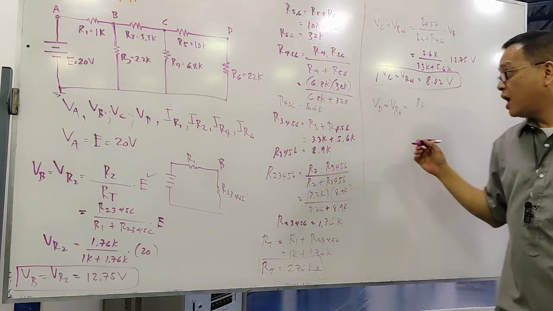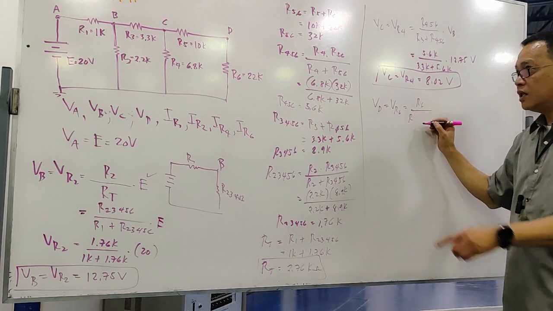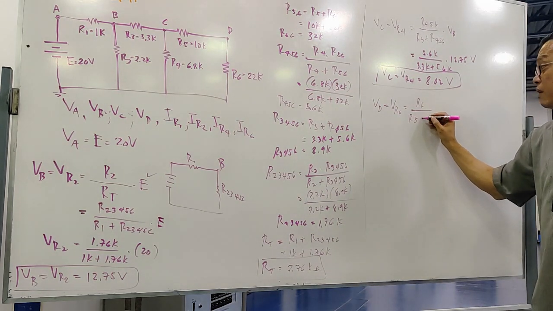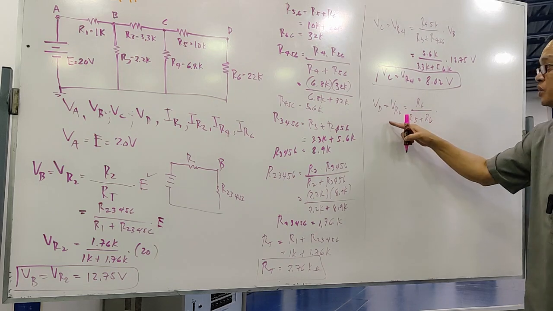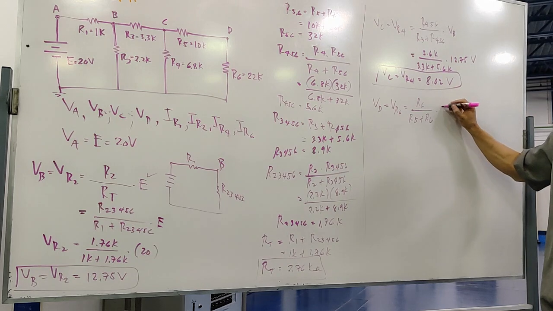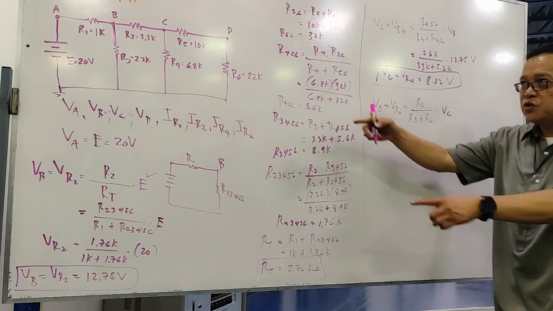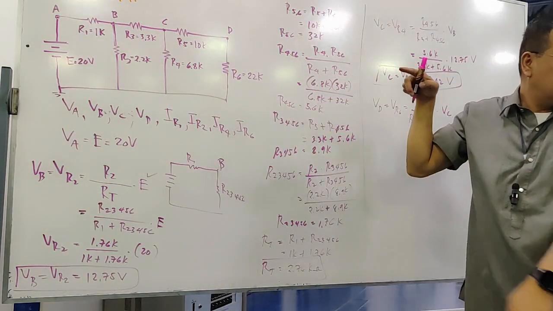That's it. R6 over R5 plus R6, these two resistors again in series, right? Multiplied by what's the new source? 8.02 DC, VC. It's VC now. This is now the new source. You're just adjusting it, right?